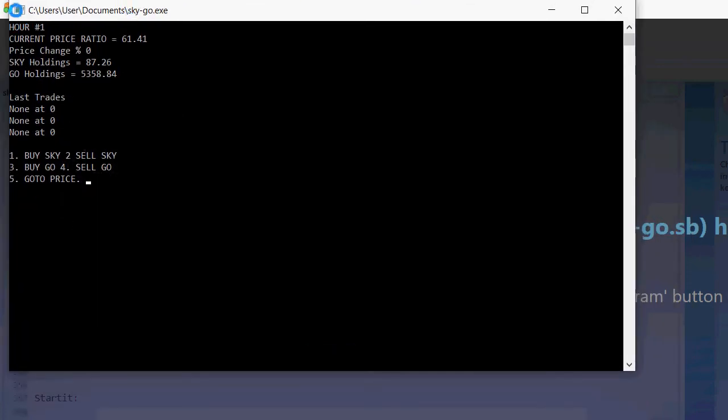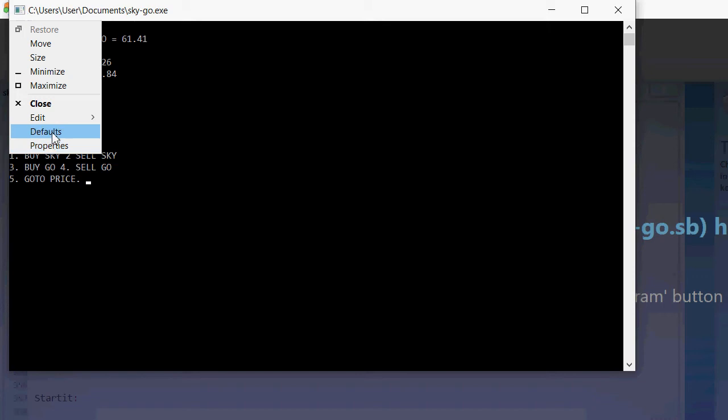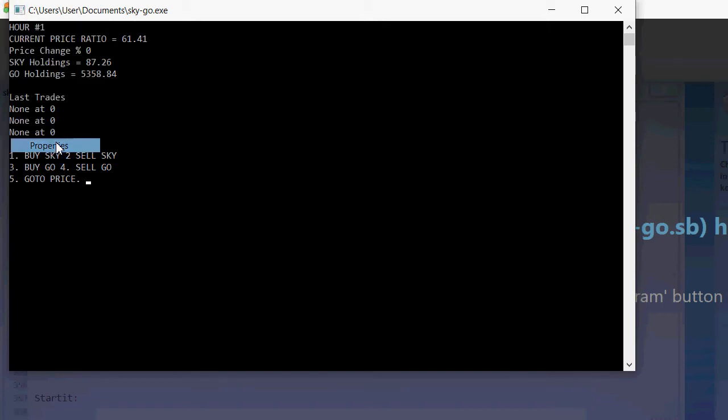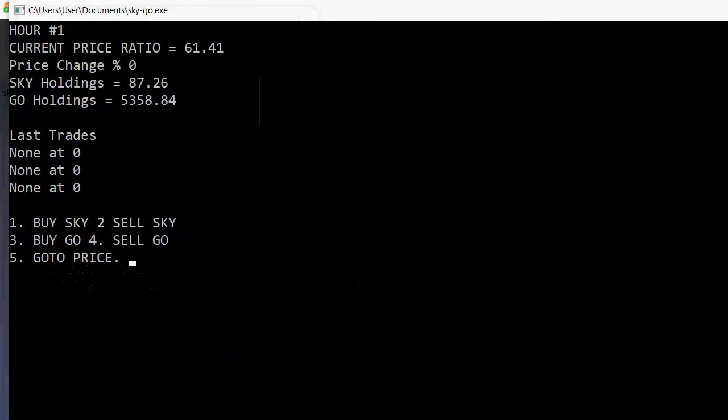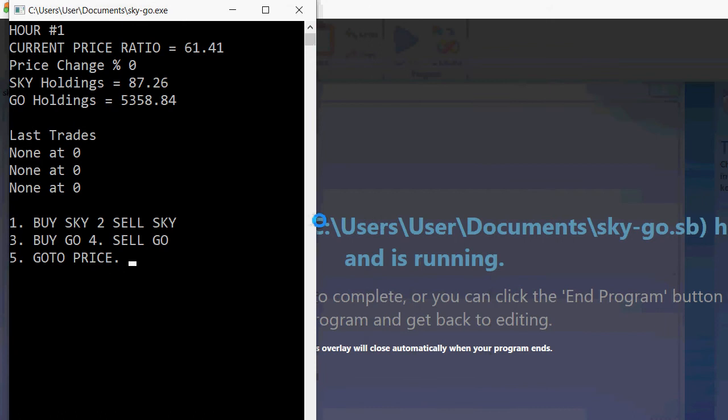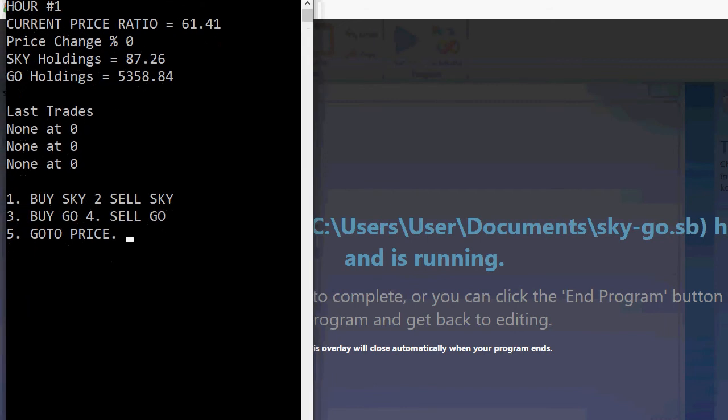I'm going to use a spreadsheet, and I'm going to do it the nice way. If it's so small, go to the top corner, click on it, and click on properties. I normally go 36 if I'm doing it myself, but for video I do 28 or 24. Since I'm using a spreadsheet, I'm going to do 24. So I'm just going to size this, and then bring up a spreadsheet, which is already ready to go for this example.